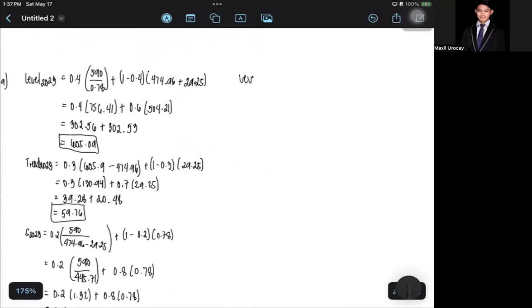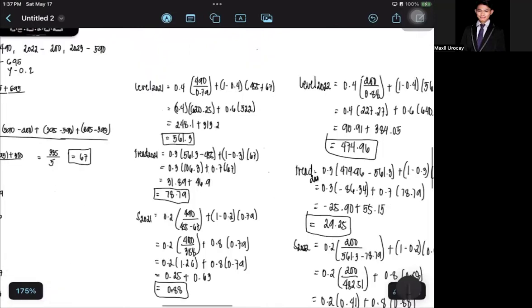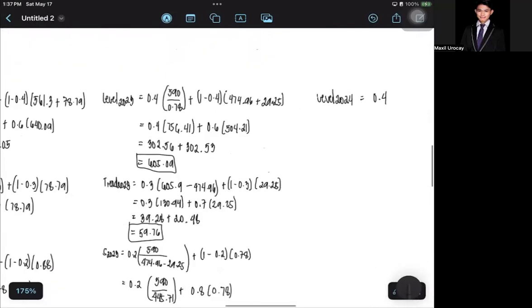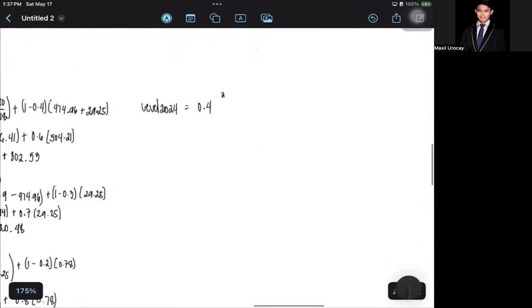So the level of 2024, calculating the level of 2024, given that your alpha is 0.4, then what is the data of 2024? The data given right there is 395. So your data is 395.